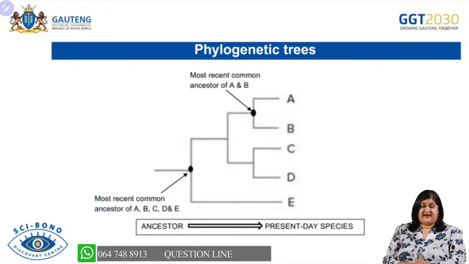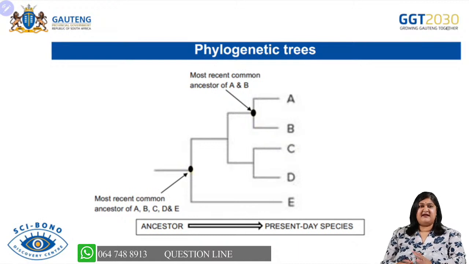I'm going to go into phylogenetic trees now, and I'm going to explain it to you using a simple diagram at first, and then we're going to go into it in more detail. But as Susan mentioned earlier, I want to re-emphasize the importance of this topic. This is a skill that you must be able to do, and you must be able to master. Because it's not a topic that we can tell you, this is what we are going to ask you.